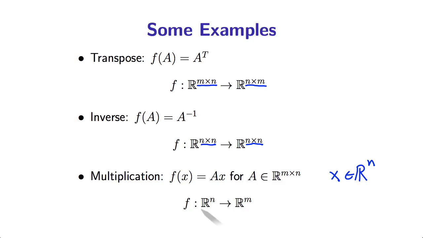So we write f here as mapping from R^n, and the output of this function would be the product. Remember, A here is m by n, x is n by 1, so the outputs of this function are vectors in R^m, and so f maps from R^n to R^m.